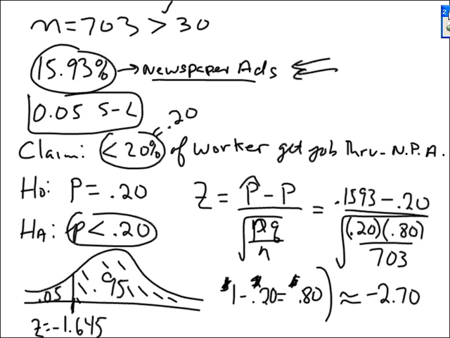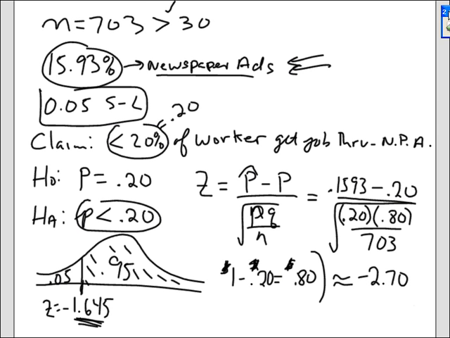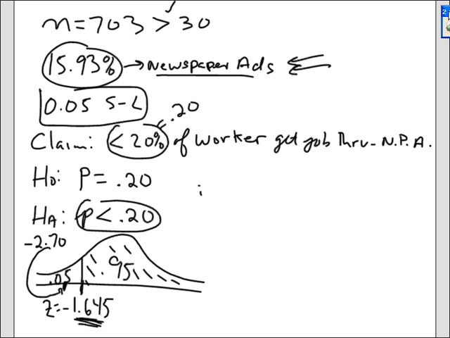And negative 2.70 is to the left of negative 1.645. There it is, right there, for argument's sake, is negative 2.70. Now, here's where it gets a little bit tricky, but I'll try to do it as clearly as possible.